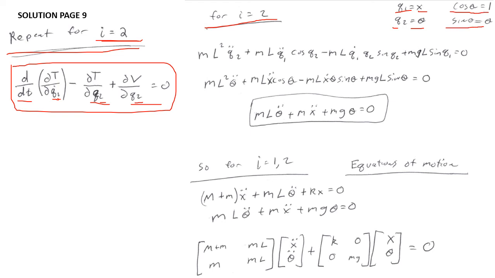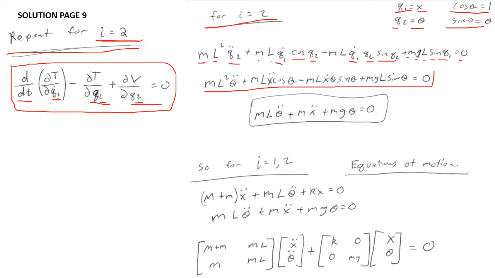Now we have all this information, and we can plug back into Lagrange's equation, and we end up with, for i equals 2, m l q2 double dot plus m l q1 double dot times the cosine of q2 minus m l q1 dot times q2 dot times the sine of q2 plus m g l sine q2 is equal to 0. We can reduce, simplify, rearrange, same as we did on the previous slide.